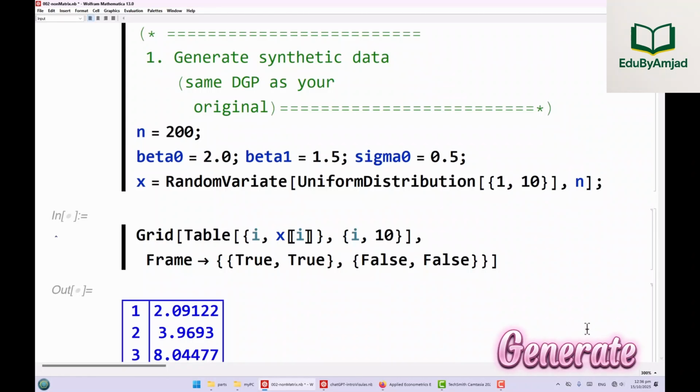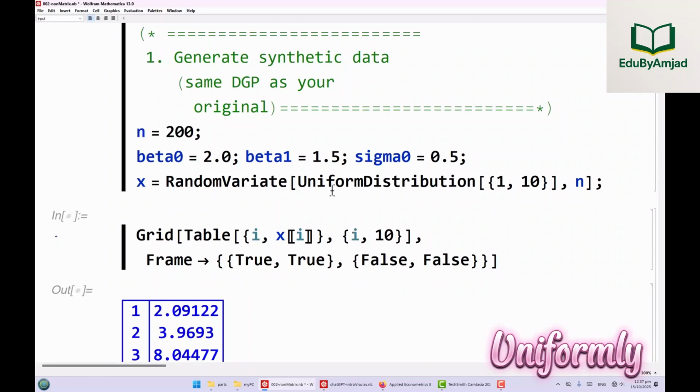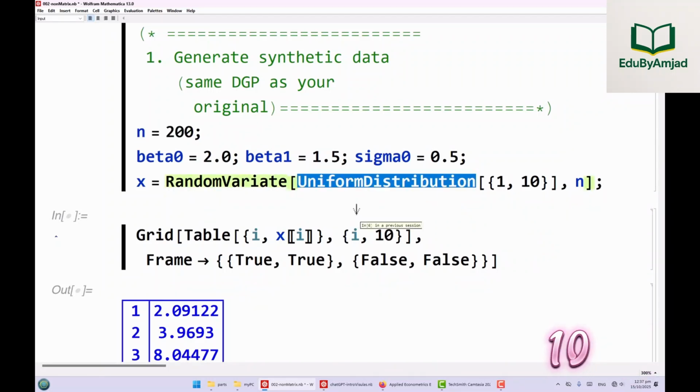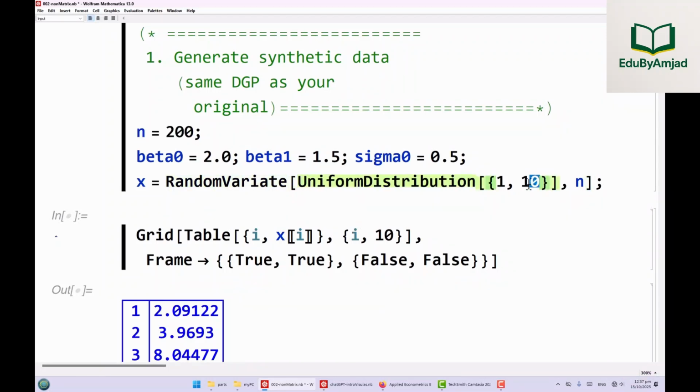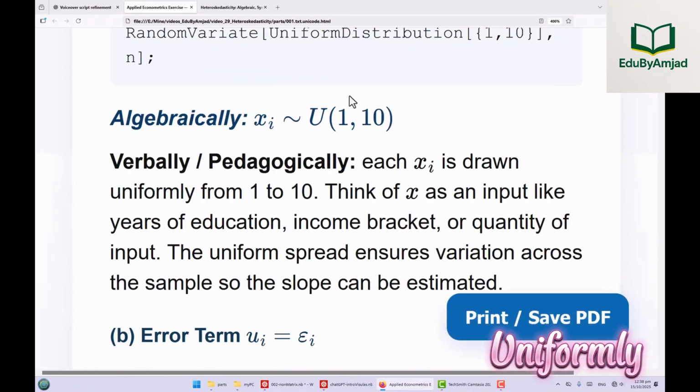Now let's generate similar data using what is often called the data generating process, DGP. For our independent variable, x, we'll draw 200 random real numbers, uniformly distributed from 1 to 10. Algebraically, we write, x is uniformly distributed from 1 to 10.